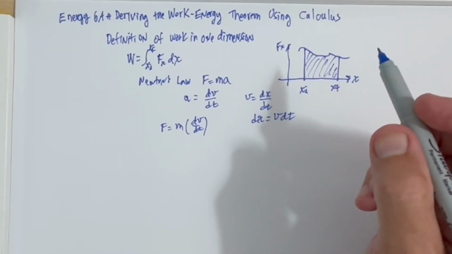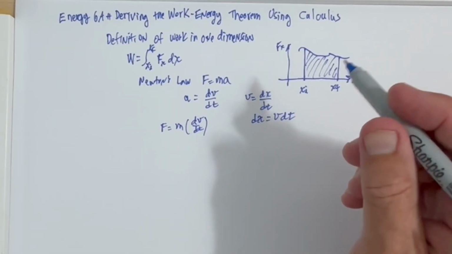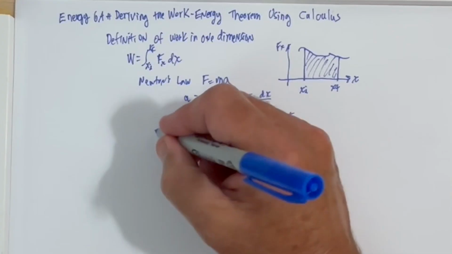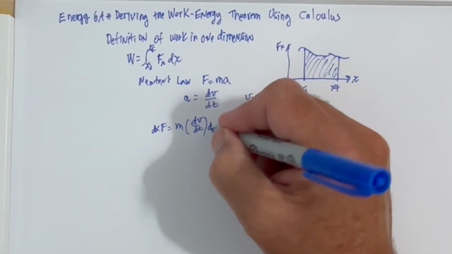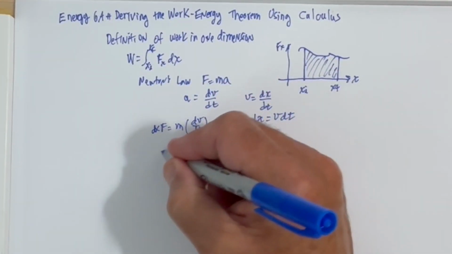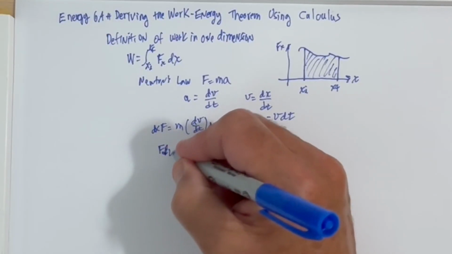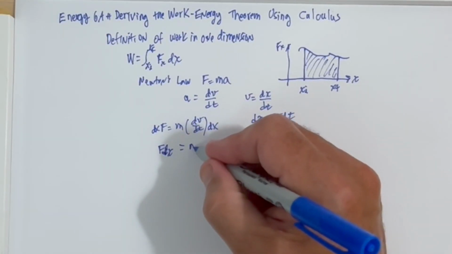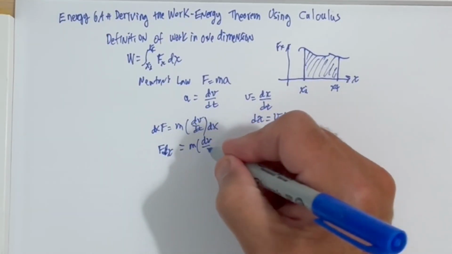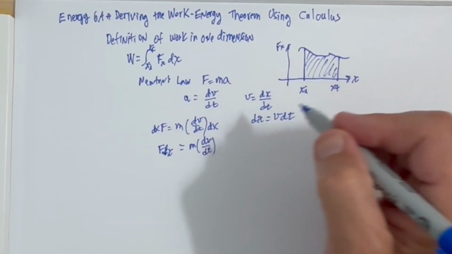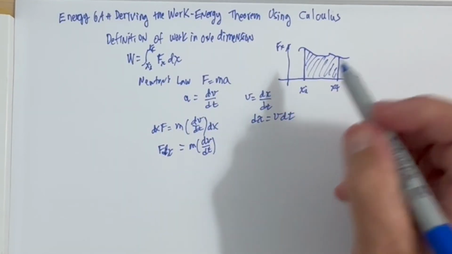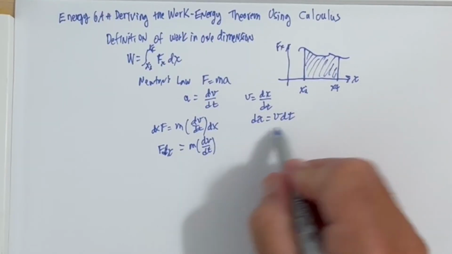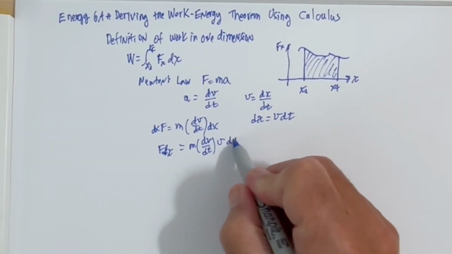just rewriting this equation, putting in that as our acceleration. Now, if we multiply both sides of the equation by dx, what we're going to get is F dx is equal to m dv/dt, that's the acceleration. We've got the dx, now we're going to use this form of the dx right here, so that's v dt.